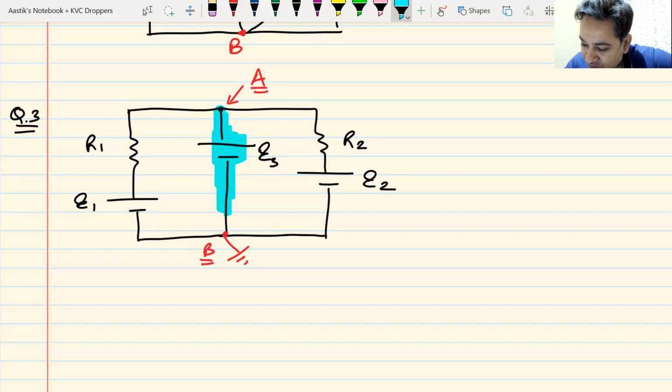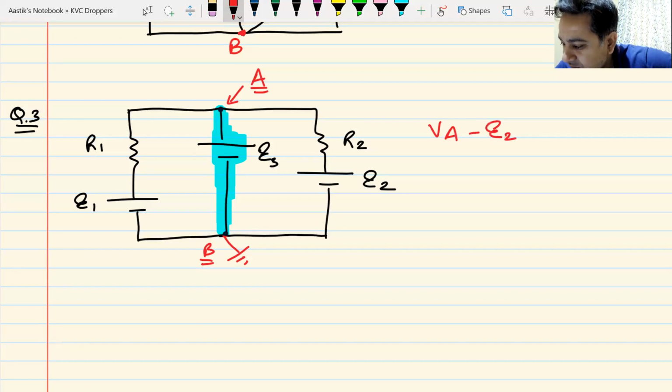There is no resistance in this branch. If I apply Kirchhoff's law from here, I can easily see that VA minus E3 will be equal to 0. Yes or no? So basically, I get the value of VA as E3, as simple as that.